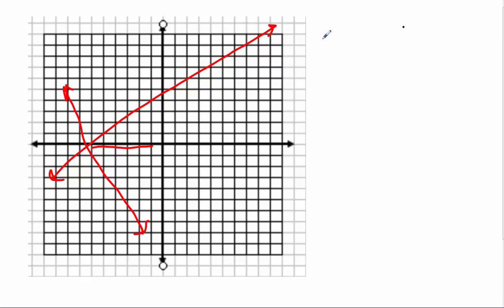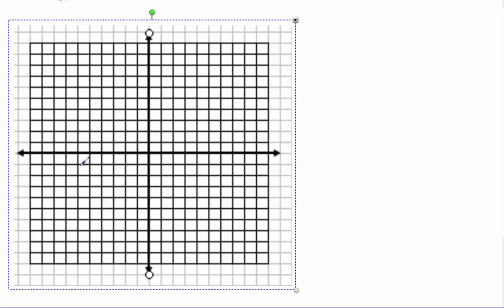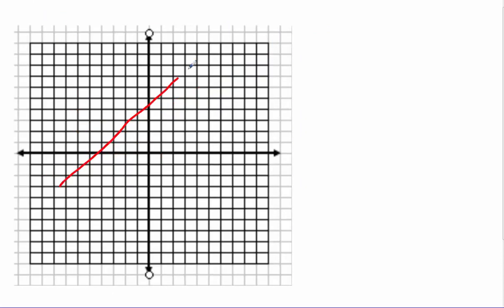Say again, we have two lines that are never going to touch. They are called parallel lines. Since they never touch, they will never have a solution. It's pretty self-explanatory. They have no solution.